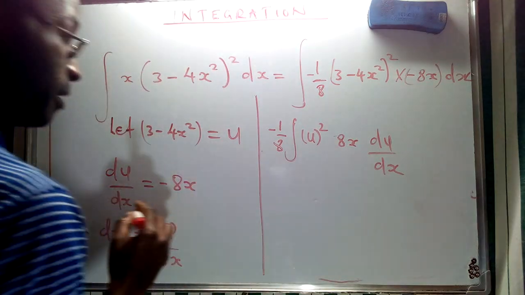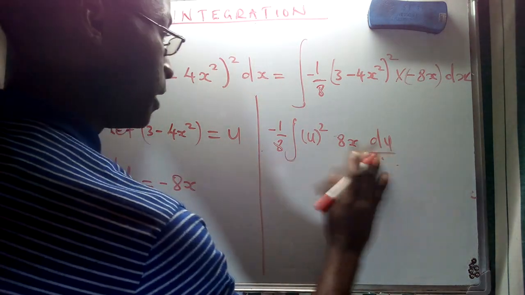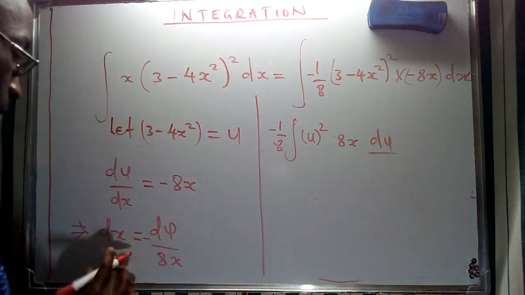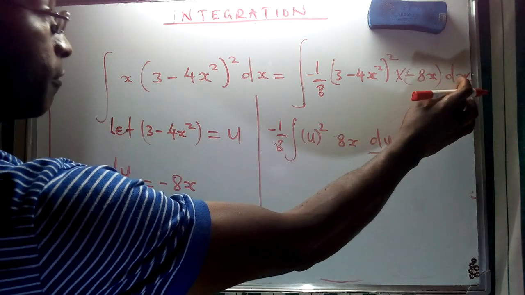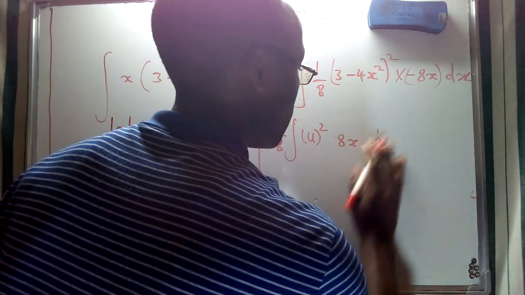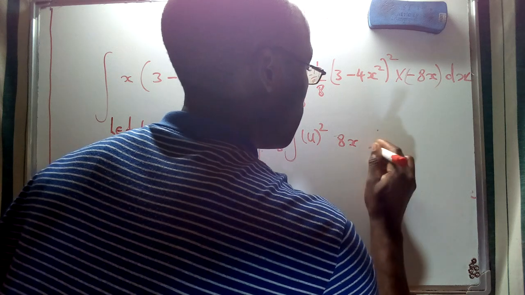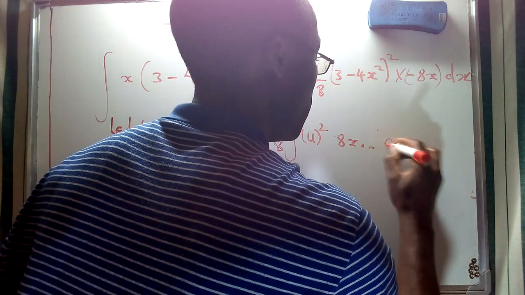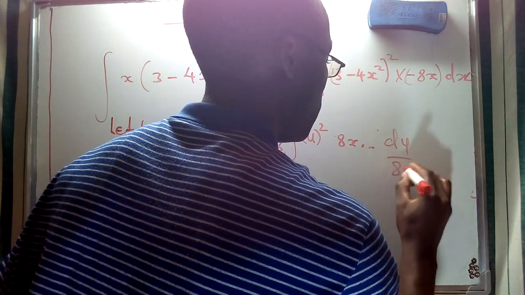And remember, in u, this du over the value of dx from this specific part is going to be du over negative 8x.